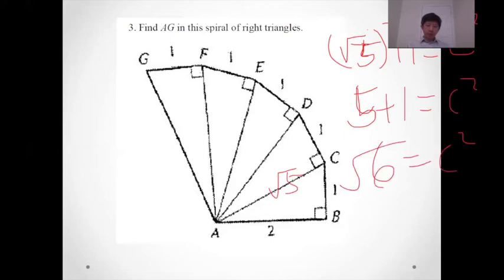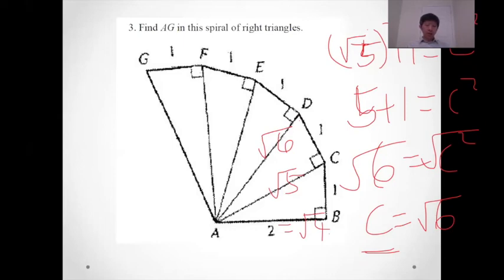Take the square root of both sides. C is equal to the square root of 6. So this time C actually is AD right here, right? So square root of 6. So you can see the square root of 2, square root of 4, 5, and 6, right? Did you observe the pattern there? Did you see the pattern there?